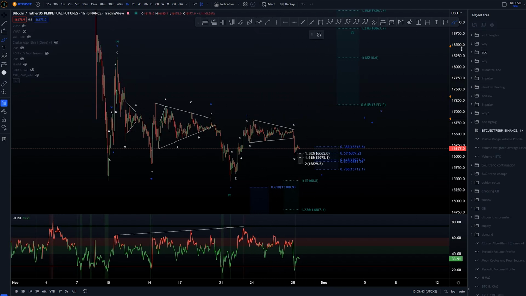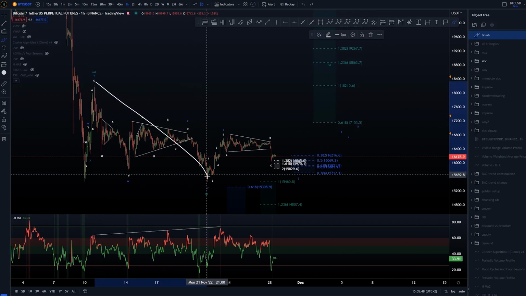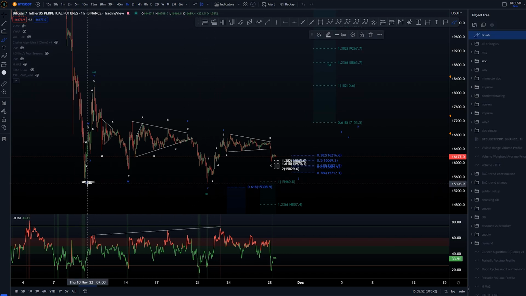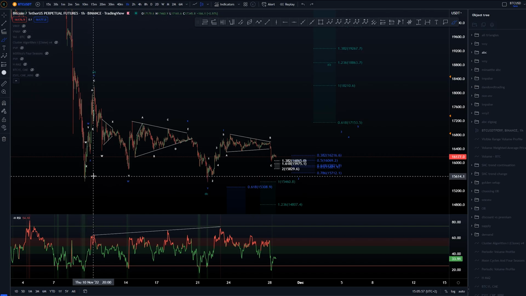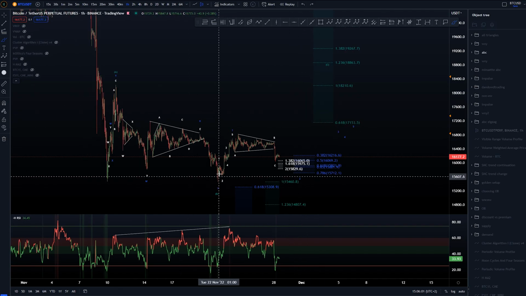So again, the overall idea here has been that we had this as an A wave, looking for a B wave. The B wave is labeled just because we have retraced beyond the starting point of this A wave, and it is more likely to have that as a B wave instead of a WXY on higher time frame, just due to that fact.